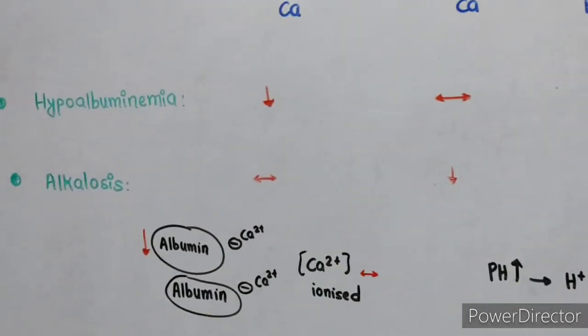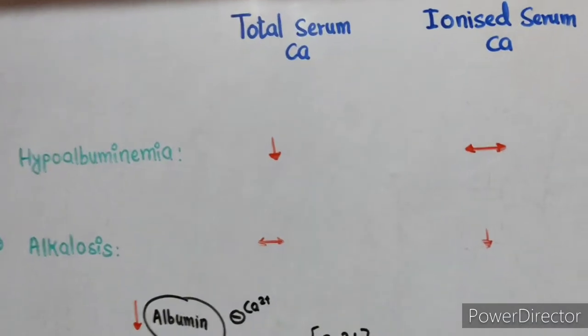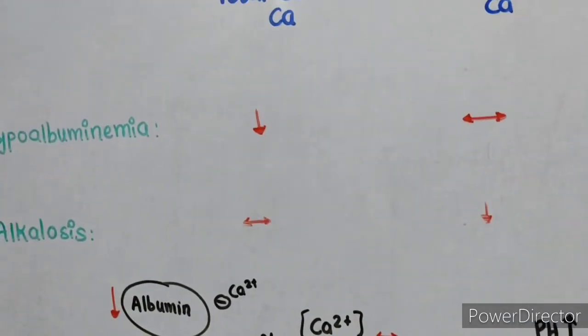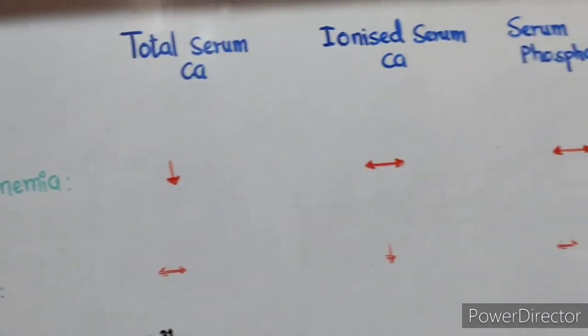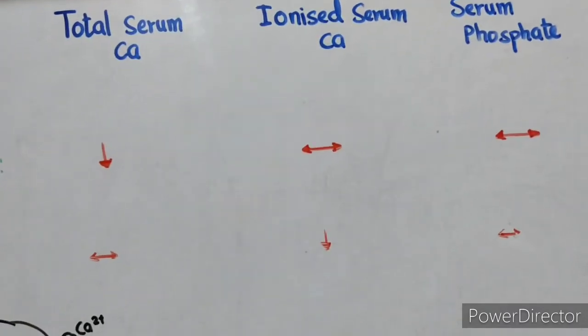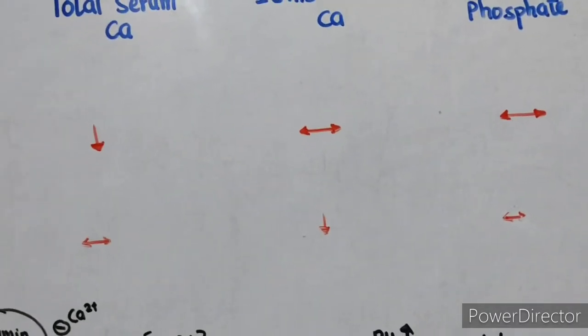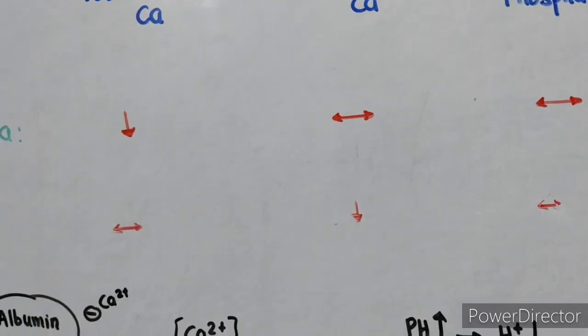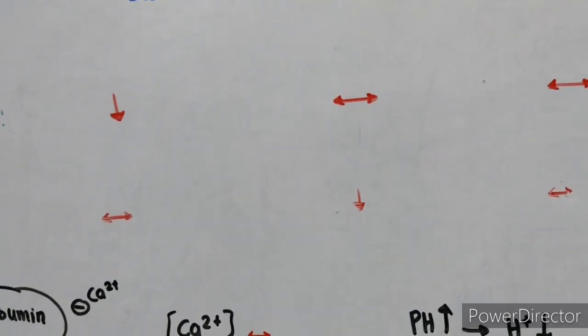That's why in alkalosis, total serum calcium is constant because of no change in albumin level. Ionized serum calcium is decreased because ionized calcium now binds albumin because of less H plus ions that are binding albumin.